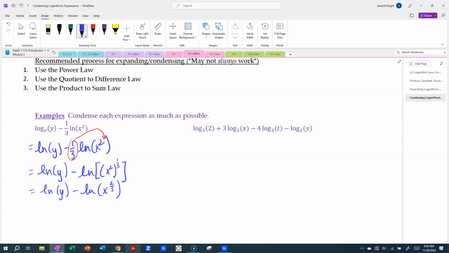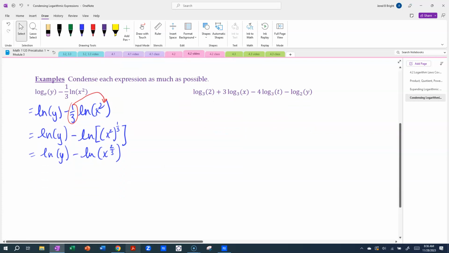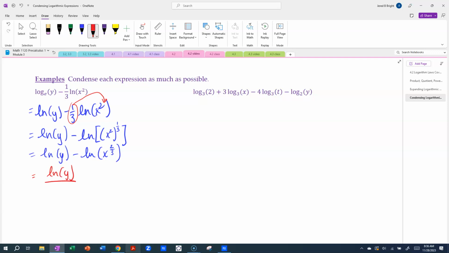This is where students may generally make a mistake, and I'll show you that mistake first. So this is incorrect. They would say, okay, we have subtraction, and they want to write that as natural log of y divided by natural log of x to the 2/3. This is more like the change of base formula, so this is incorrect. What you should do is recognize that there's division, but that division goes inside.